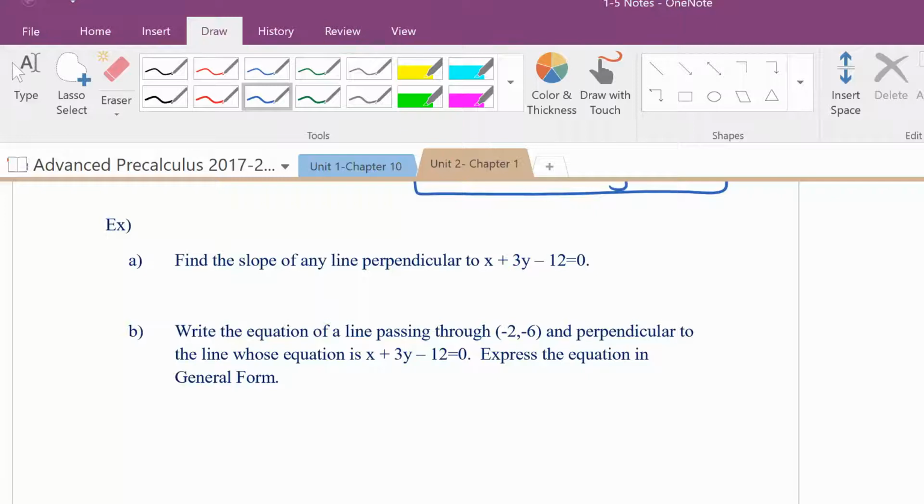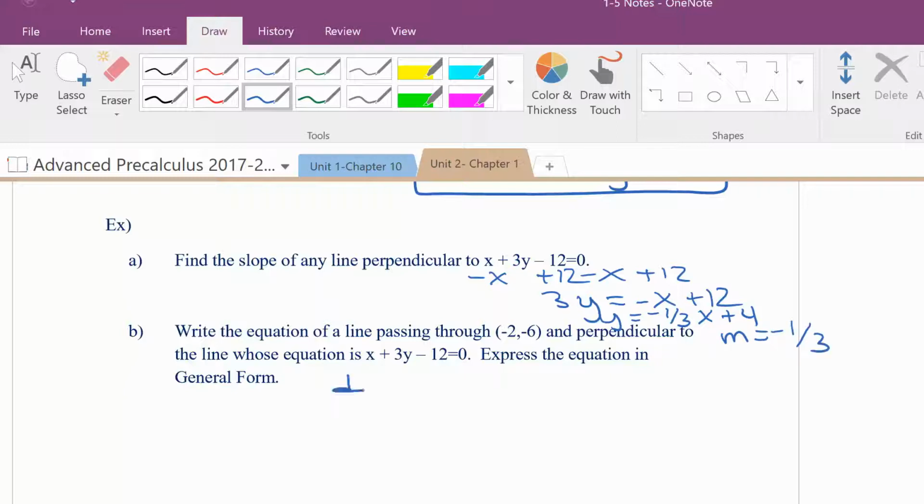So with this example here, we move the x, move the 12, so we get 3y equals negative x plus 12, so y is equal to negative 1/3 x plus 4, so the slope is negative 1/3, which means the perpendicular slope is 3.